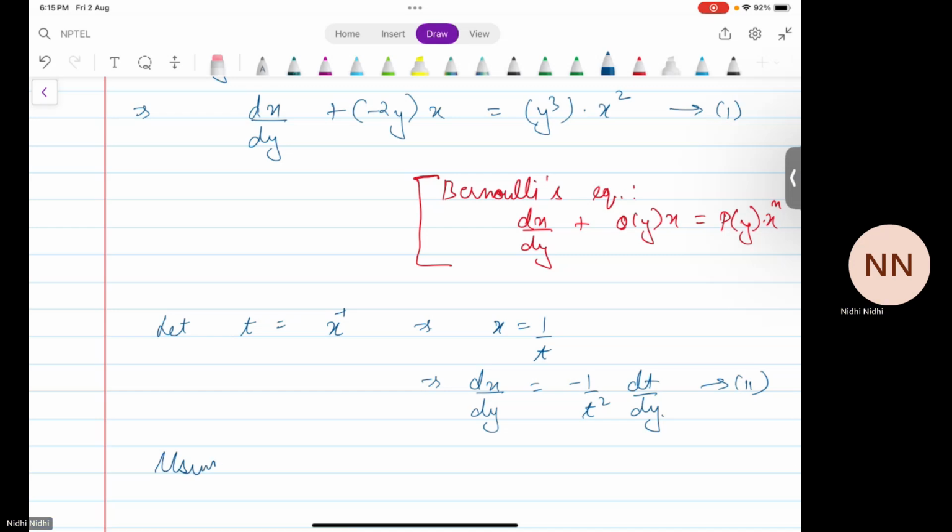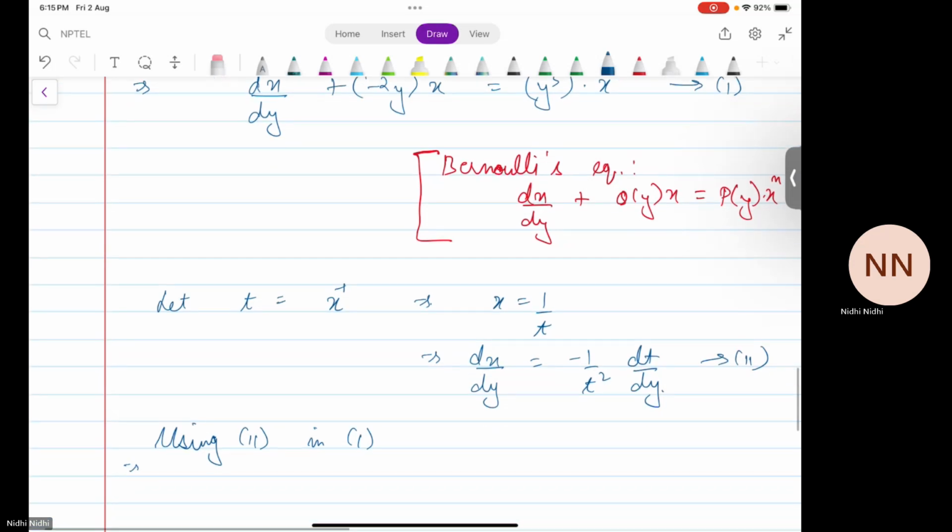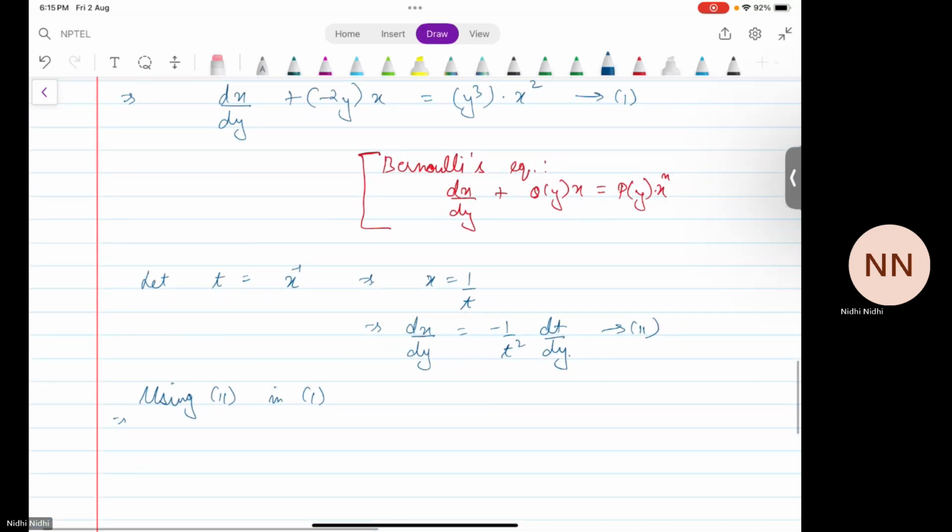Using 2 in 1, we get minus 1 by t square dt by dy plus minus 2y by t is equal to y cube by t square.